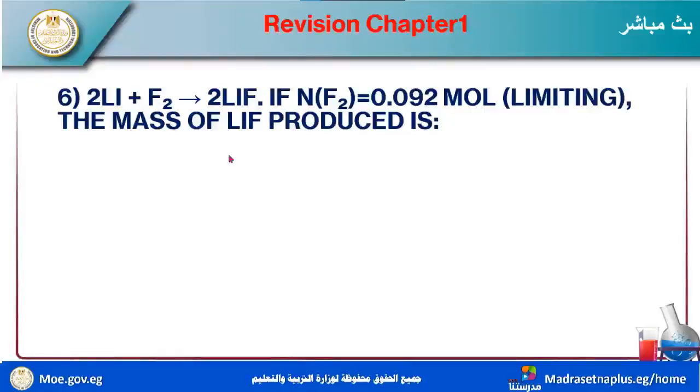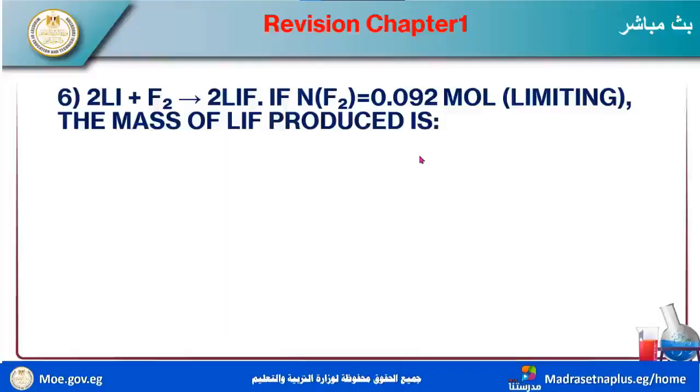2Li plus F2 produces 2LiF. The number of moles of F2 equals 0.092 moles. This is the limiting reactant.